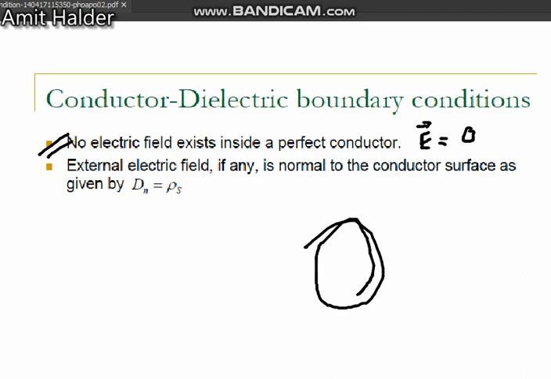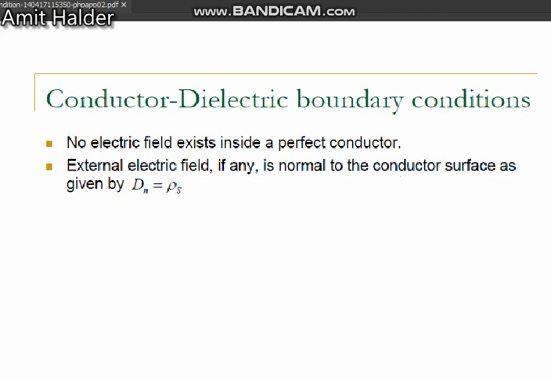If it is a perfect conductor, any kind of thing inside the conductor, the electric field is equal to 0. And also the external electric field, if any, is normal to the conductor surface, as given by Dn is equal to rho s. The electric flux density is equal to the surface charge density.